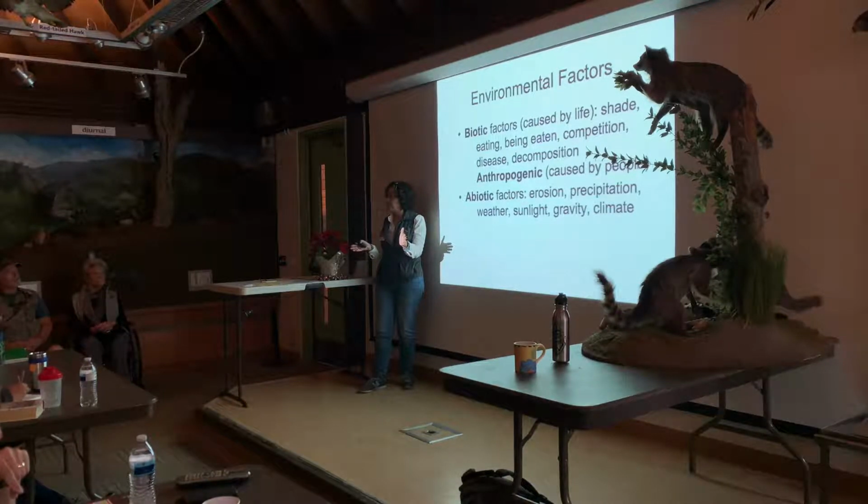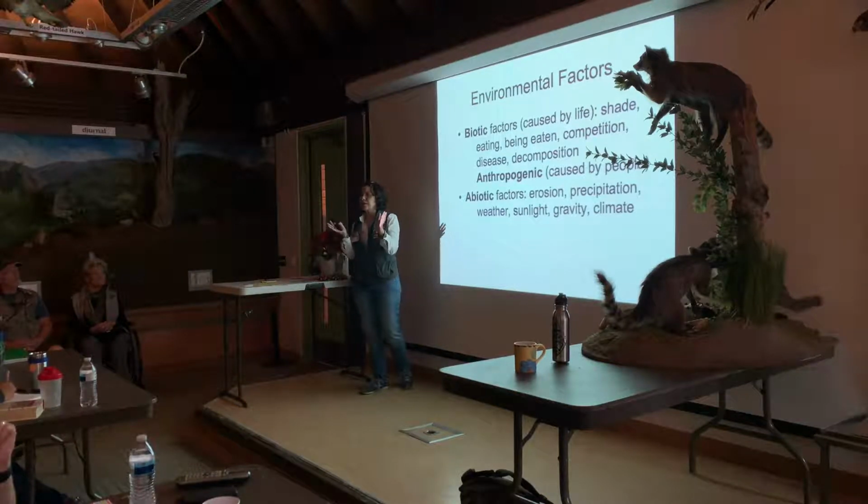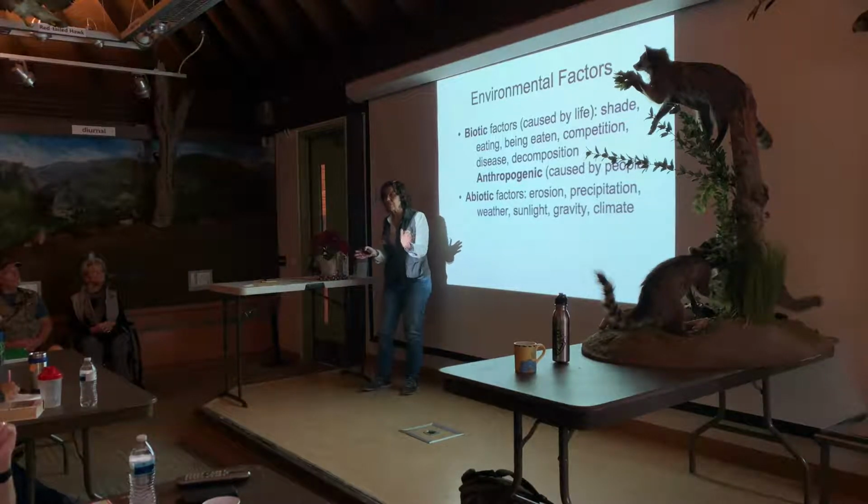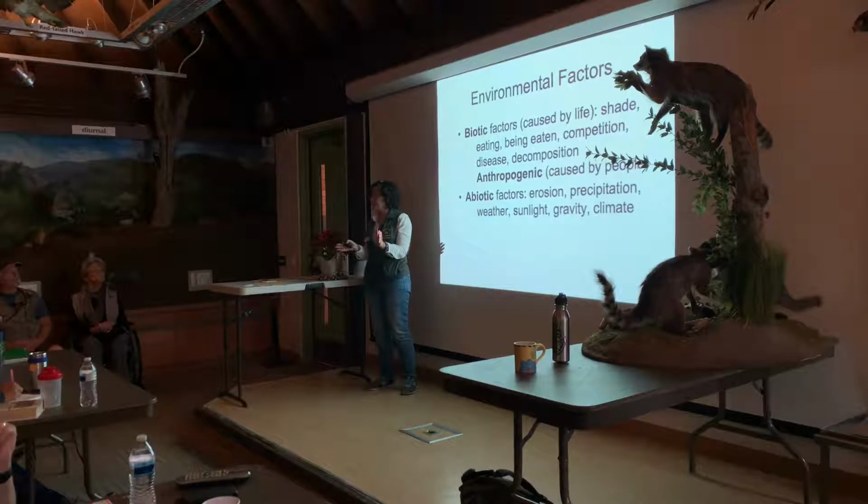Anthropocene. What is it? Age of people. We're in the age of people. There is no place on Earth that is not affected by the activities of people. There are traces of human activity everywhere on Earth.